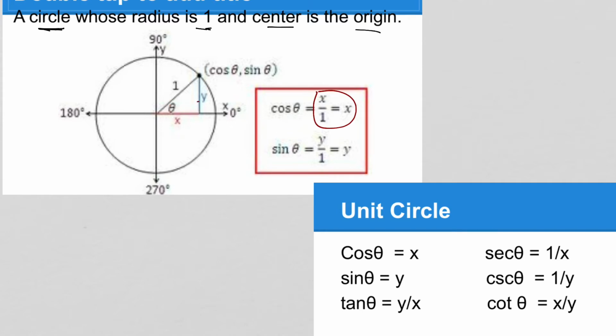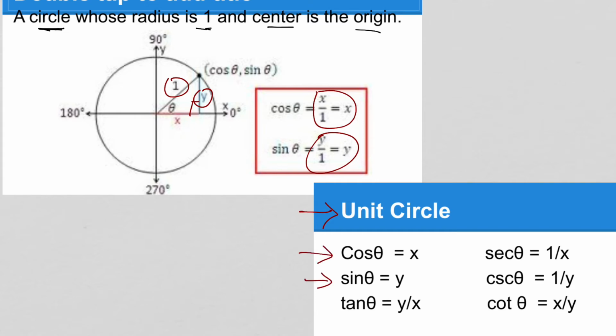If I find the sine of an angle, and sine is opposite over hypotenuse, the opposite side is y. The hypotenuse is 1. y over 1 is y. So on the unit circle, the most important thing is that cosine is always the x coordinate. Sine is the y coordinate.